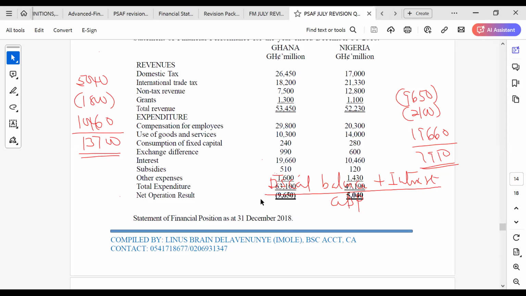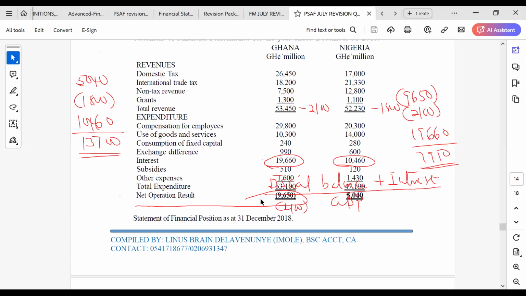Or you can calculate it in a different way: if you want to calculate your total expenditure, you omit the interest element. You would get the same figure, but that is going to be too long. So just ask yourself, what is the impact of the annual budget funding on our net operation result? It is increasing it, so subtract the 2,100.